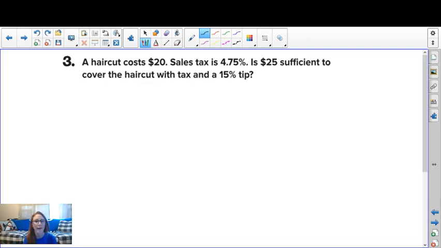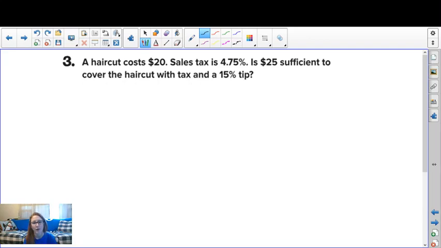A haircut costs $20. Sales tax is 4.75%. Is $25 sufficient to cover the haircut with the tax and a 13% tip? Okay, this can be done a couple different ways. You could go ahead and add the percentages together and then add that with 100%.